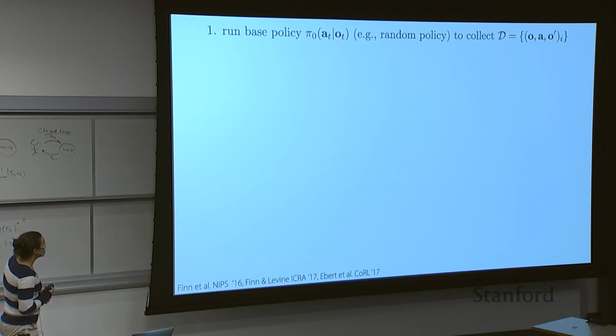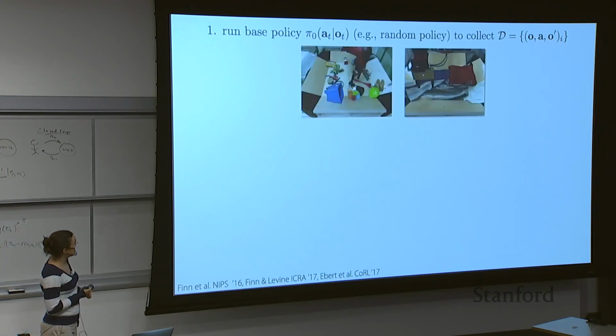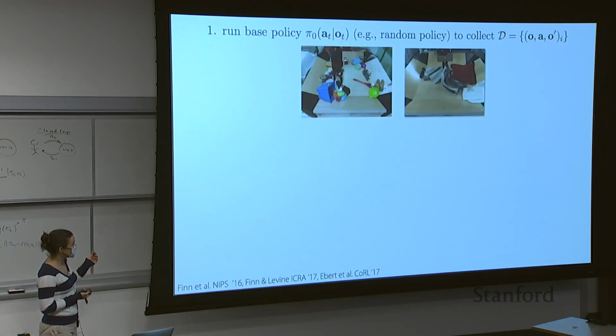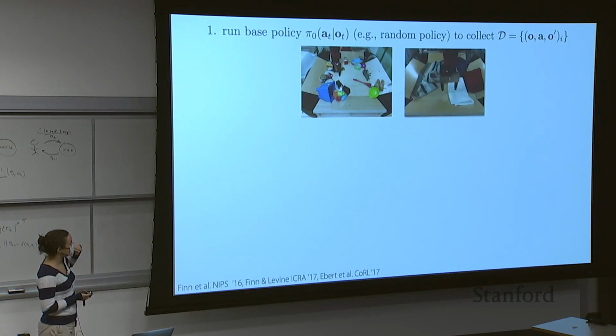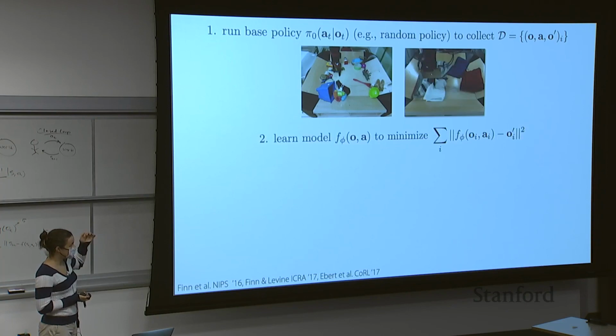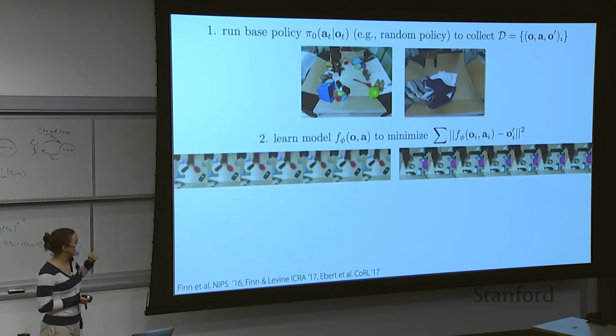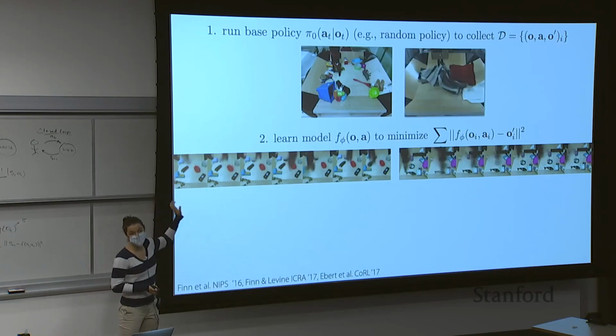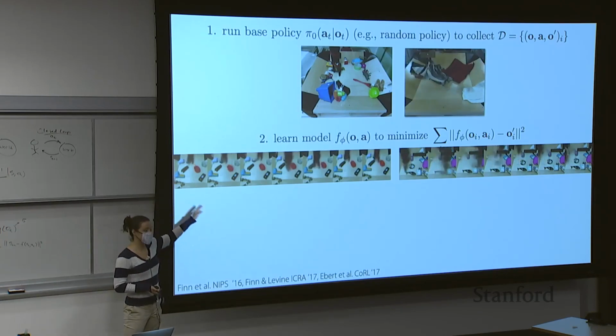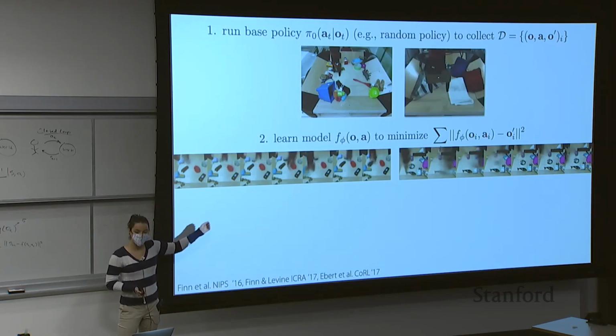As one concrete instantiation of this, we could run a random policy to collect some data like this, then learn a model to predict what the future will look like. We get a model that can predict different futures, different videos into the future, based off of the actions that the robot takes.